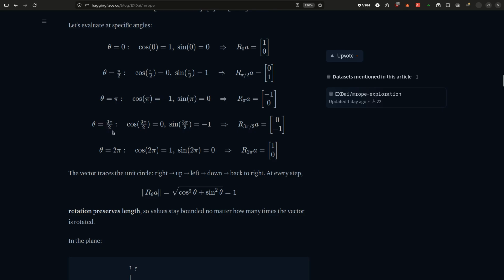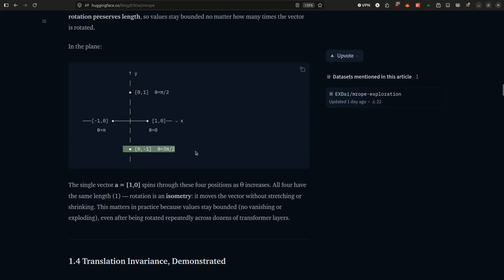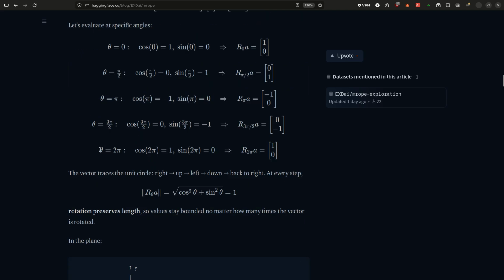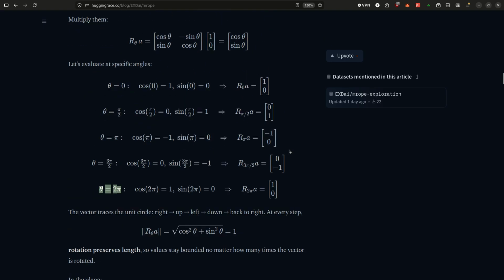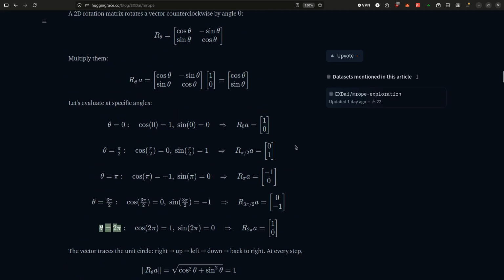That is 3 pi by 2. Then cosine of 3 pi by 2 is equal to 0. Sine of 3 pi by 2 is equal to -1. So you get 0 and -1. That's x is equal to 0, y is equal to -1. You end up here. And finally, 2 pi. That's a full rotation. You return to your same position. Cool? This is how rotation works.